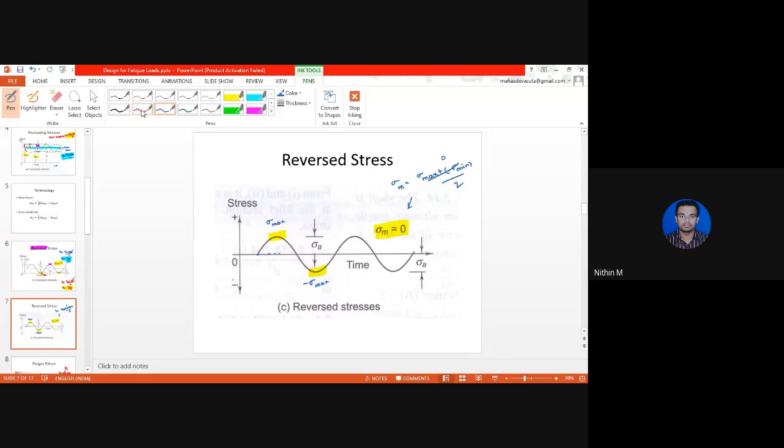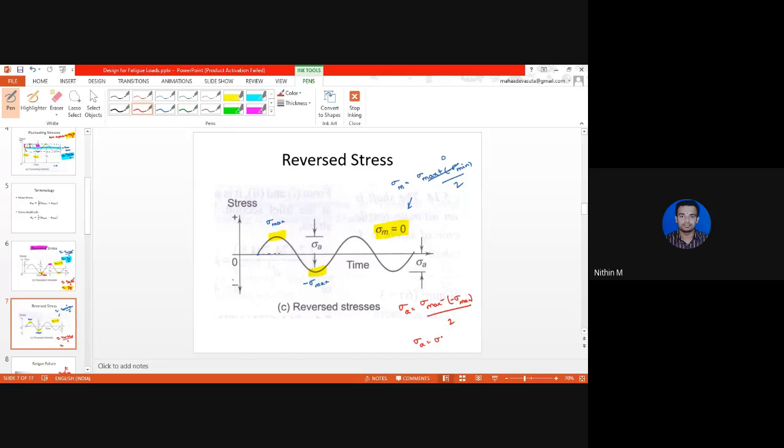But what will happen to the stress amplitude? Sigma a is sigma max minus sigma minimum by 2. Here sigma minimum is minus sigma max itself, because it differs only in sign. So sigma max minus of minus sigma max is 2 sigma max. 2 sigma max by 2 is sigma max.